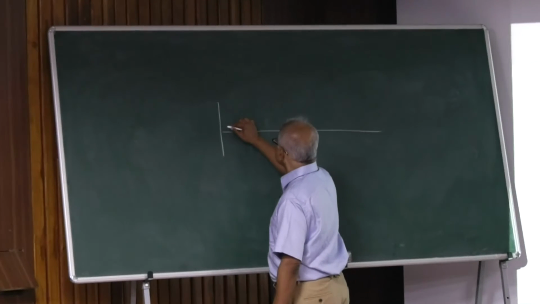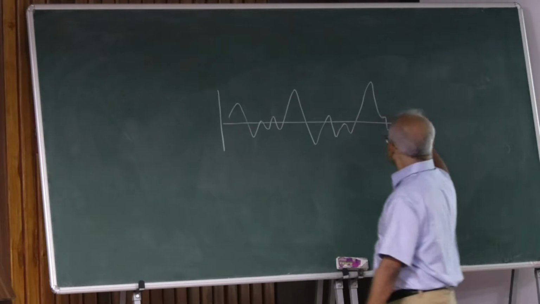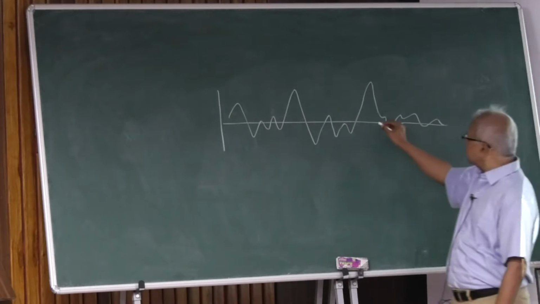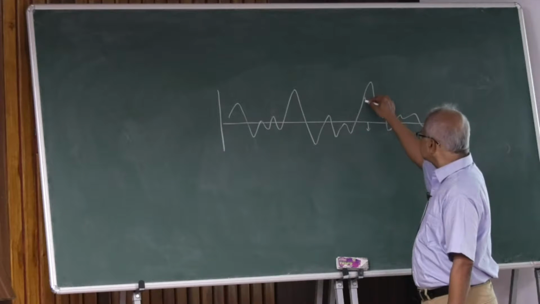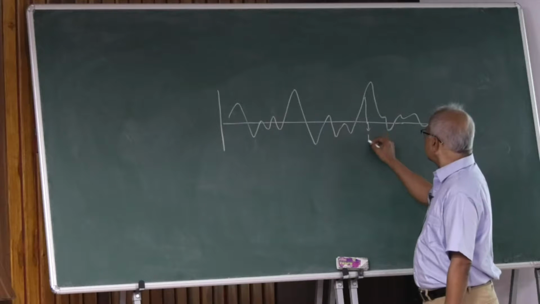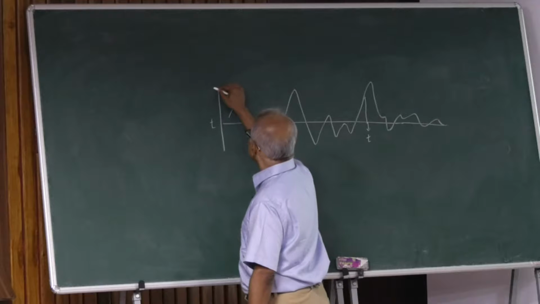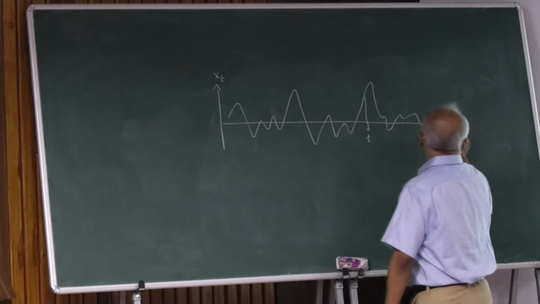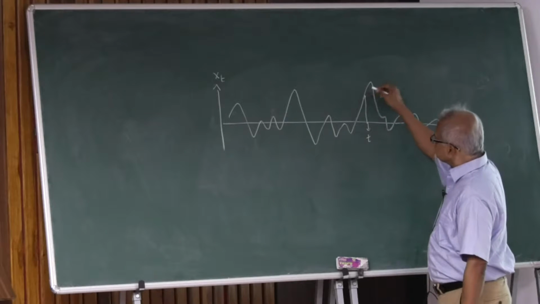Okay, so I suppose I have a series like this. What I'm trying to do here is, suppose I am looking at a time point t here, and I have the value xt here. This is t on this axis, and xt on this axis. Okay. So this is my xt.